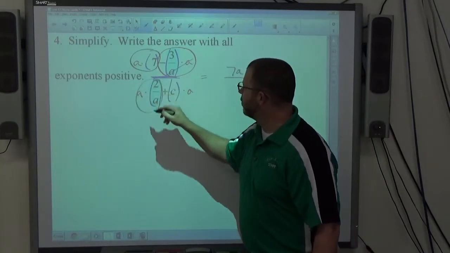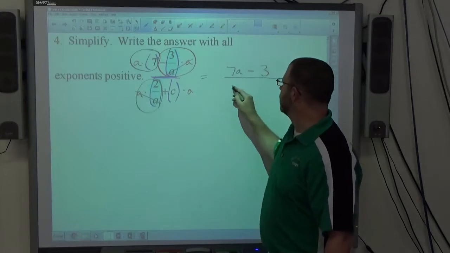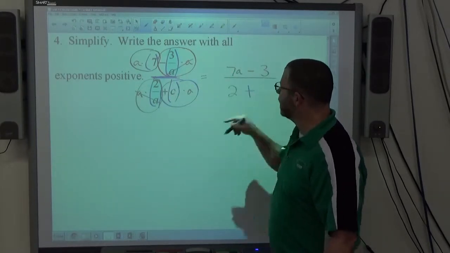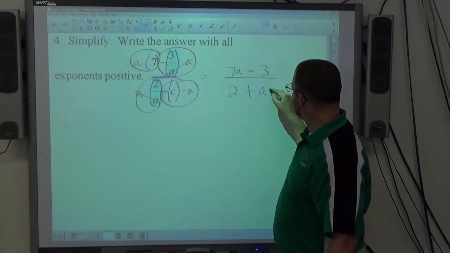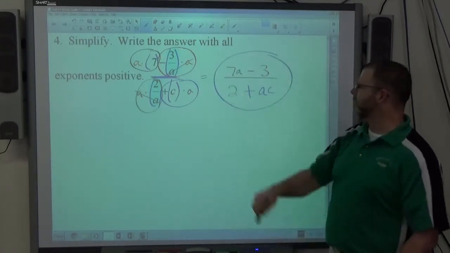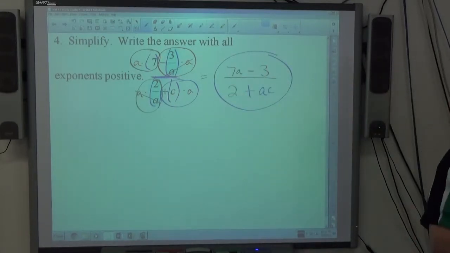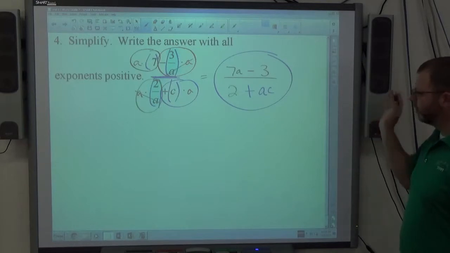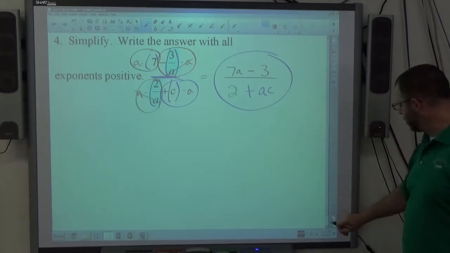Next term, we have 2 over a times a, the a's cancel, leaving 2, and that does say plus. So make sure you put a plus sign, and then c times a is just ac, and that's the end result. Okay, and that's all that should happen on that problem when the test comes about. So expect the same type of issue, fix it the same way, you'll be in good shape.